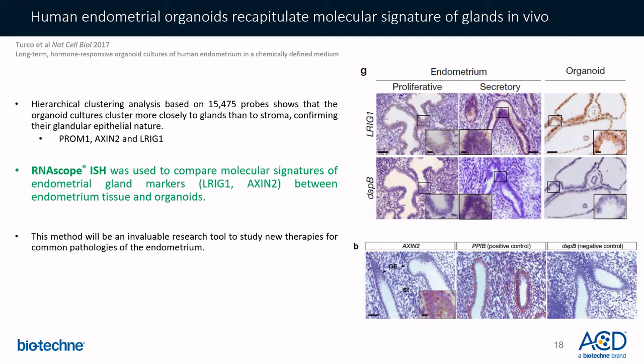So in this paper, they used RNAscope ISH to compare the molecular signatures of endometrial gland markers between both the endometrium tissue as well as the organoids, really once again highlighting the application of RNAscope, giving you that morphological context and the tissue context. And these methods will be an invaluable research tool for researchers to study newer therapies for common pathologies of the endometrium.